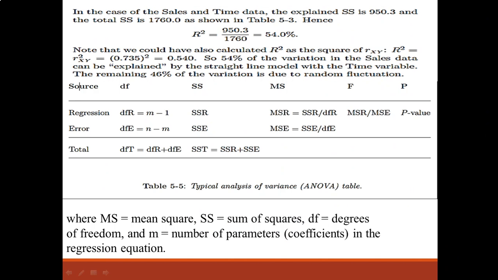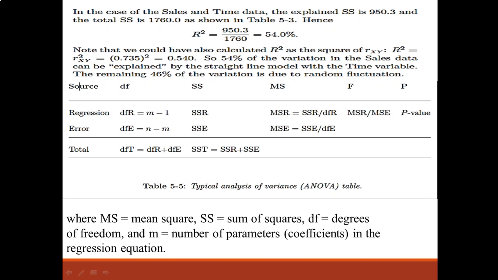In the case of the sales and time data, the explained sum of squares is 950.3, and the total sum of squares is 1760, as shown in the previous table. Hence R square equals 54%.